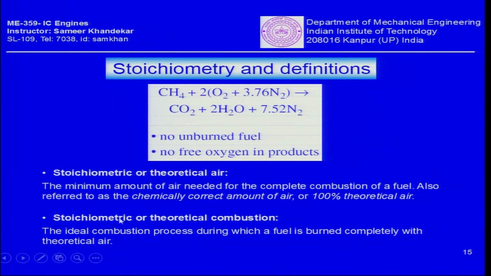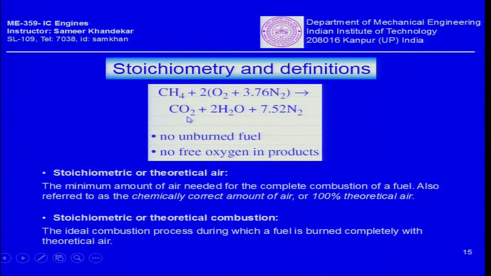What are the factors, in spite of the fact that you give theoretically correct air? You will see that it is possible that complete combustion actually does not take place, because of the reasons which we have just outlined. Dissociation may take place, or there is not enough time available for the combustion to take place inside the combustion chamber, and therefore the exhaust gases which come out of the combustion chamber are not CO2 and H2O, but there is also some amount of oxygen in the exhaust, because not all the oxygen was used up to make CO2.